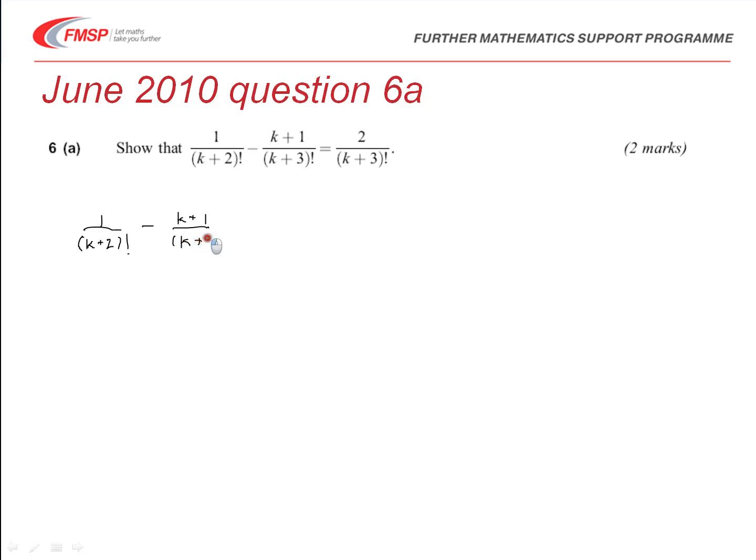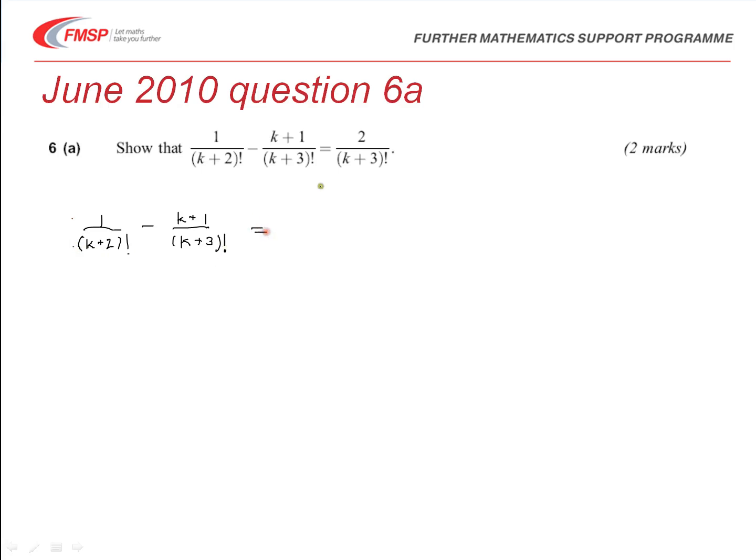Now we've got to combine these two fractions together, so we need a common denominator. And the key thing for you to realise is that, just as with 5 factorial and 6 factorial, to get from 5 factorial to 6 factorial you just have to multiply by 6. So to get from k plus 2 factorial to k plus 3 factorial, we just need to multiply the top and the bottom of this first term by k plus 3.